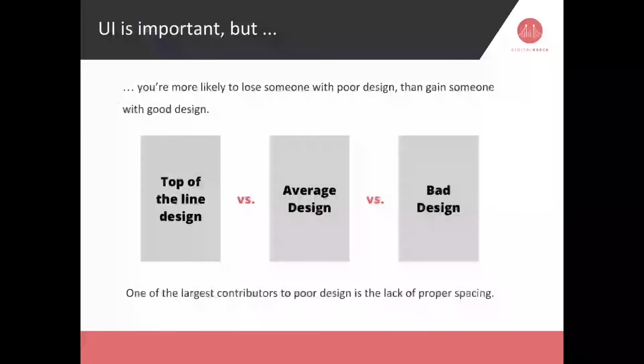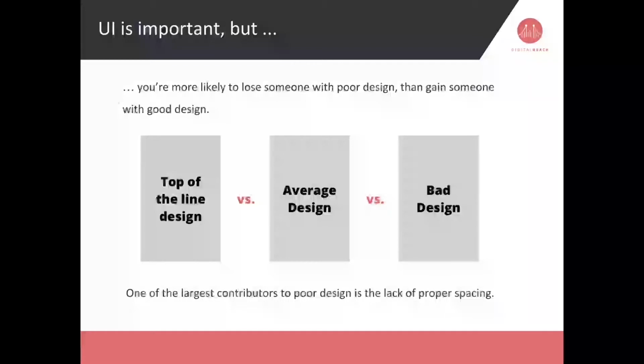Now, I mentioned how it is much easier to get negative points than positive. This also relates to the design of our site. You are going to be much more likely to lose someone with a really bad site than with an award-winning design. If we look at three main categories, our top-of-the-line design, where a designer poured their heart and their soul in it to make a beautiful representation of your site.